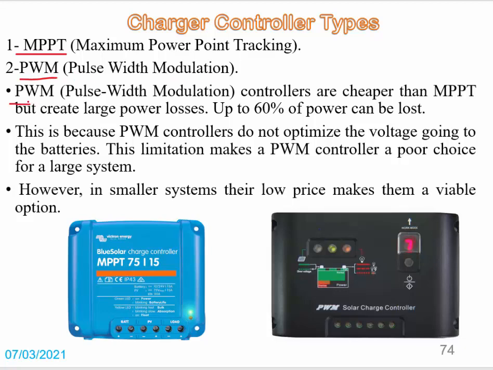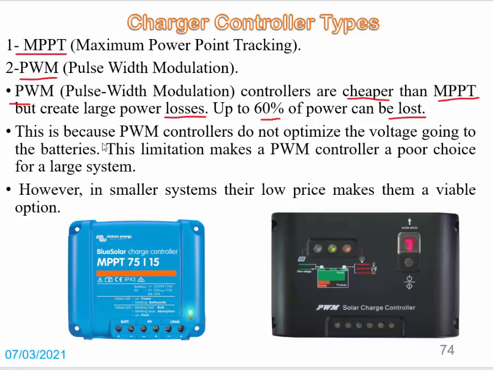The pulse width modulation controllers are cheaper than MPPT, but they create larger power losses. Up to 60% of power can be lost. So this is a very high loss value, 60%.